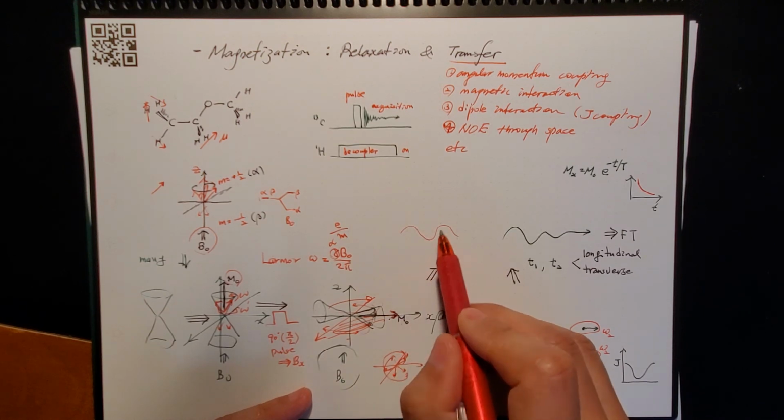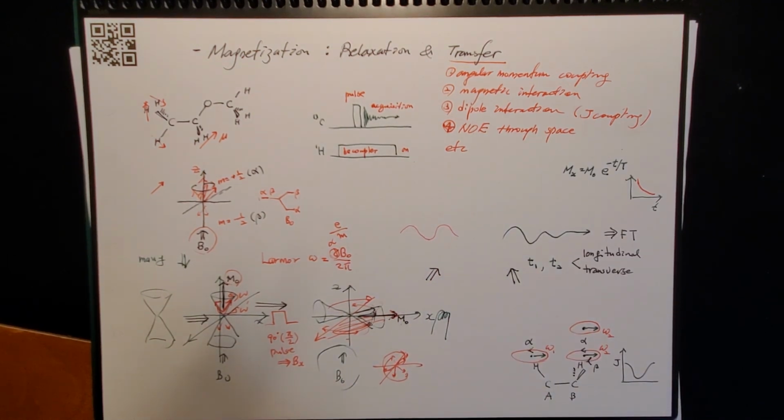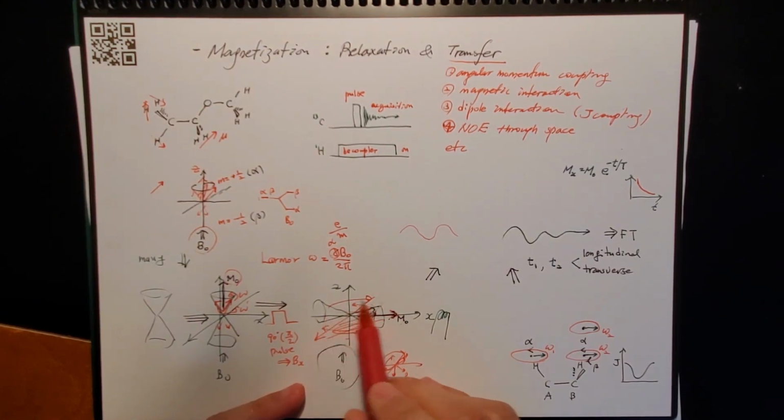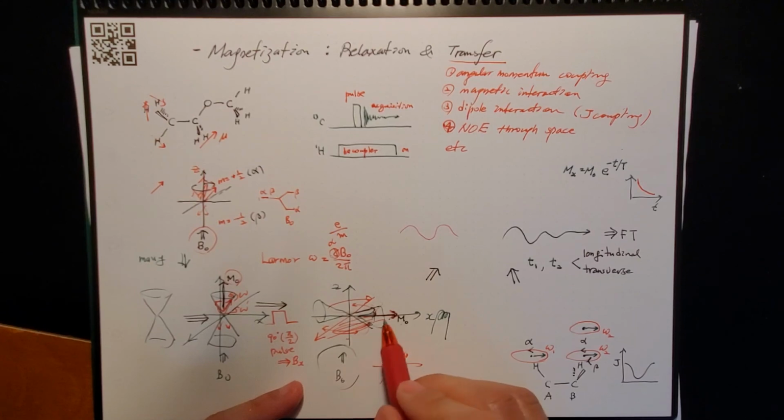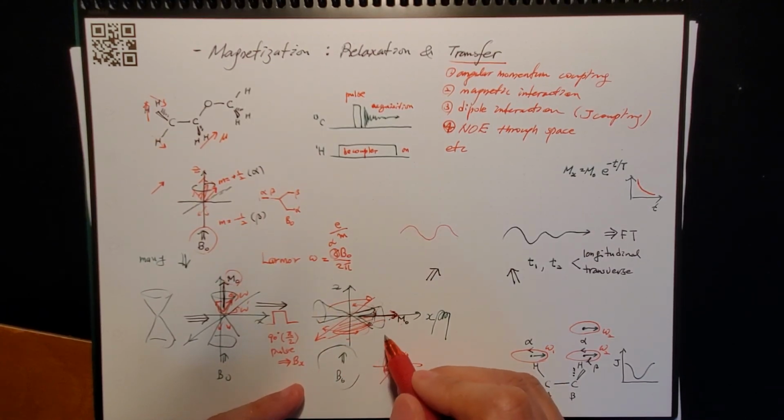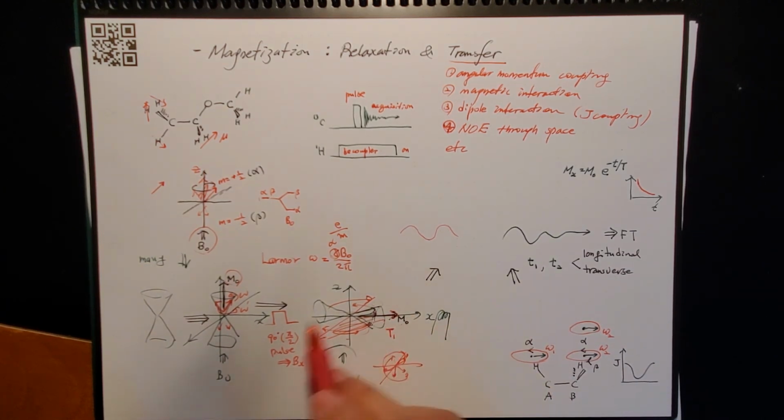So it will fluctuate like this. And they're not going to stay here all the time, but say they take a certain time to come around, and you can call that period 1, the amount of time it takes to make a full circle. That's one of the relaxation times that we play with.